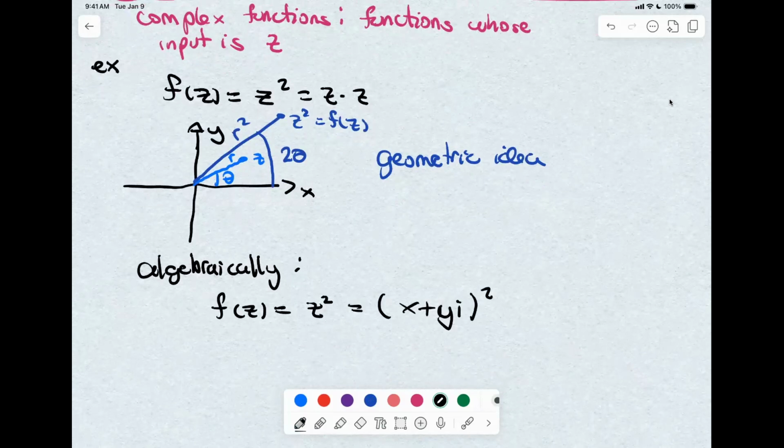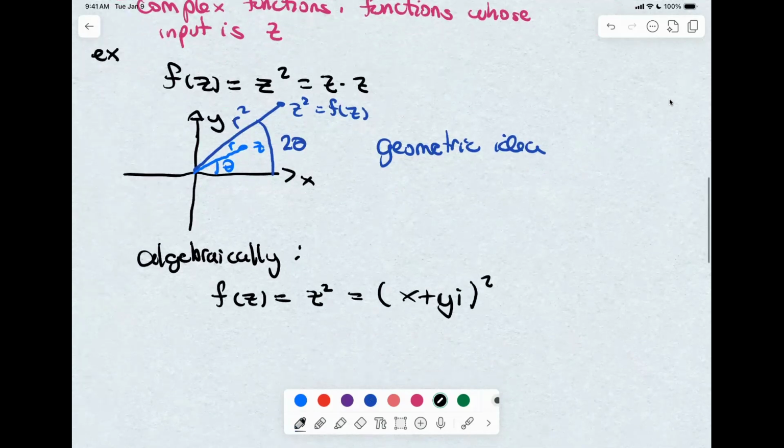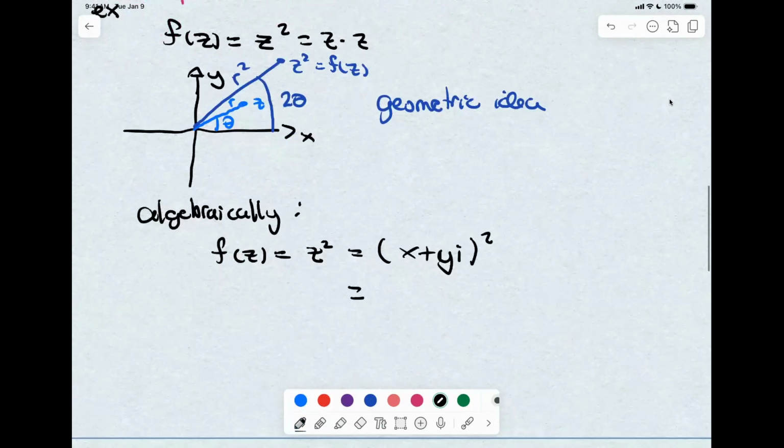When you square this, you can cross multiply. The same formula works, like a plus b squared. So it's x squared plus y times i squared, plus 2 times the product, x times yi.